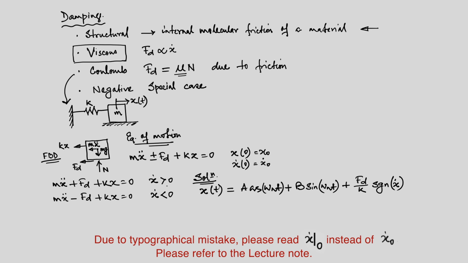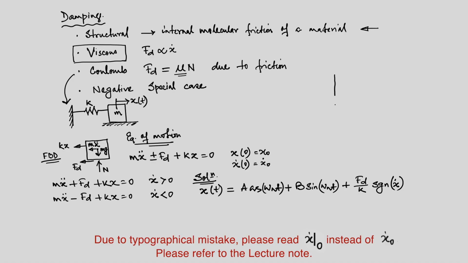The reason is we have two cases: when x dot is greater than 0, F d is having a positive sign, while when x dot is less than 0, F d is having a negative sign. So, that is the reason we have this signum function. So, if you recall, what is the property of the signum function?